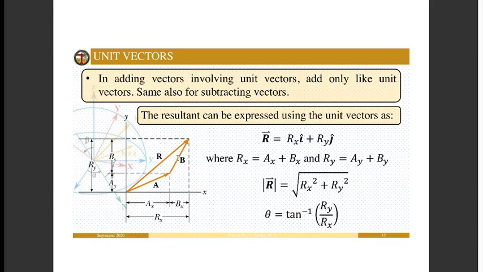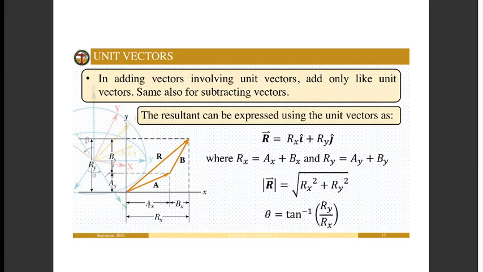So ito, I already said about that sa last slide. You have to connect the head to the tail of vector B. So that is A plus B. Tapos yung resultant is from the origin patungo sa endpoint, the head of vector B. To get the resultant, what you're going to do is to find the components of your resultant.